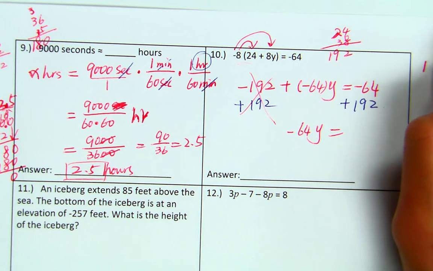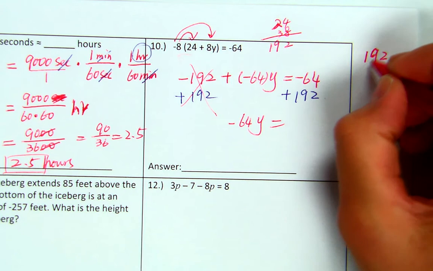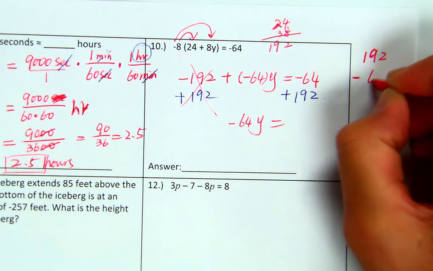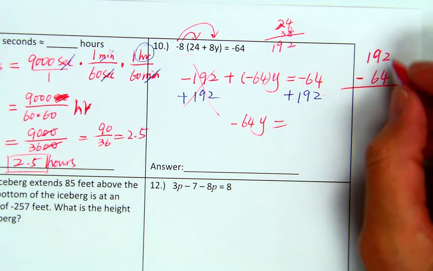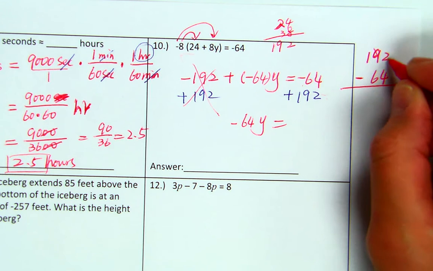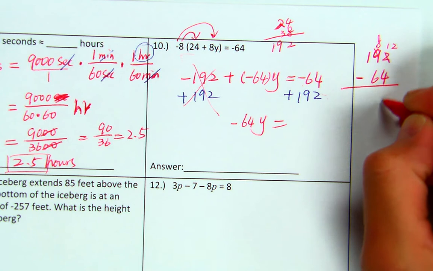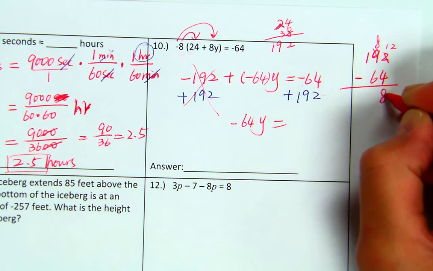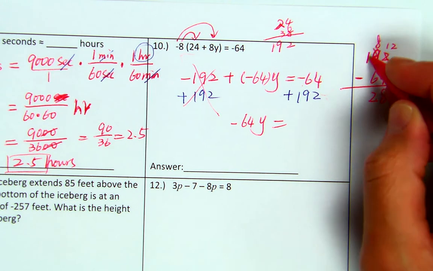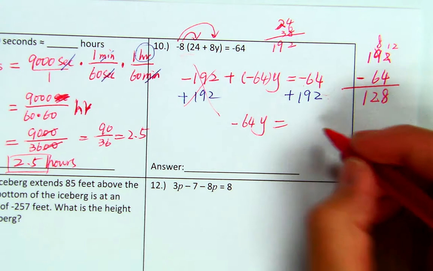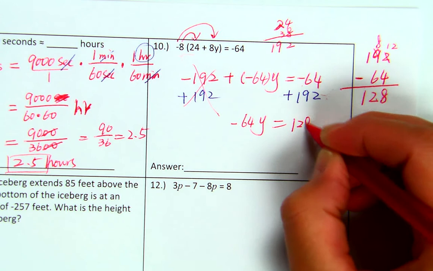So basically 192 is subtracting 64, because different signs you subtract. You borrow from the 9 becomes 8, and 12 minus 4 is 8, and 8 minus 6 is 2, and 1 minus 0 is 1. So negative 64y equals 128.